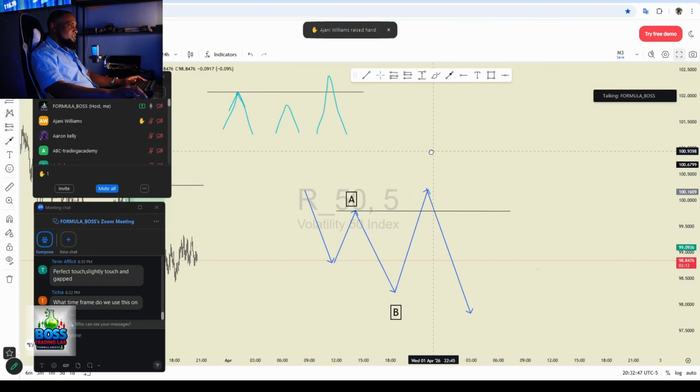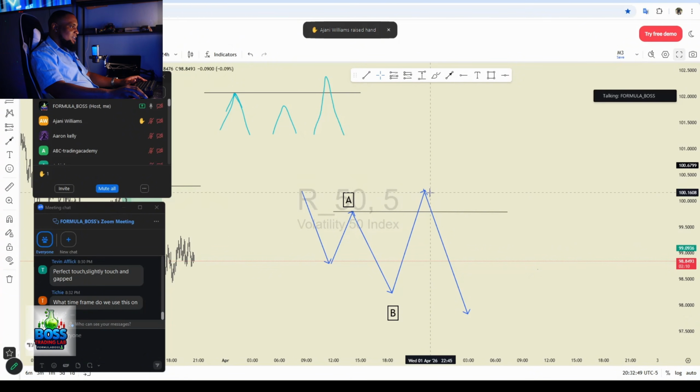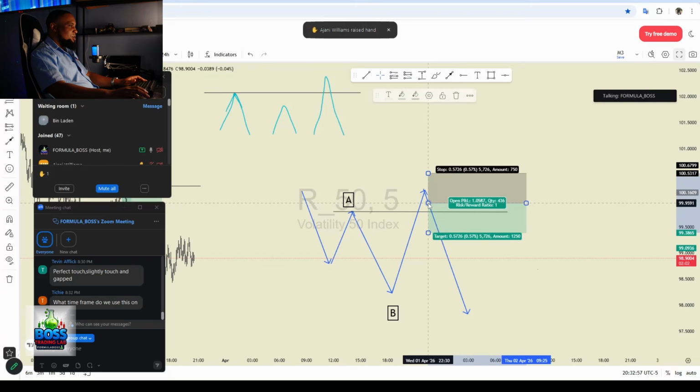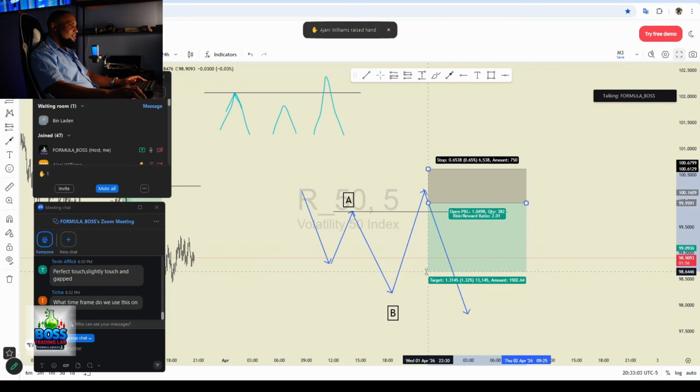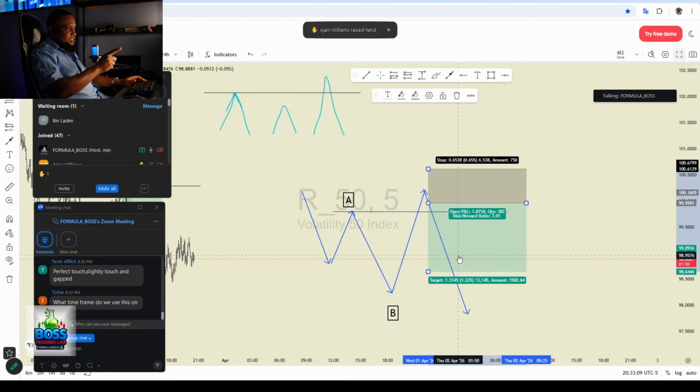So when the market overlaps and gives the engulfing up here, in some scenarios, yes, I might take the early entry up here, which is a little bit more risky, right? I have my stop loss above, and this allows me to have a very nice risk to reward ratio. So this is a bit more risky, but it is still valid.